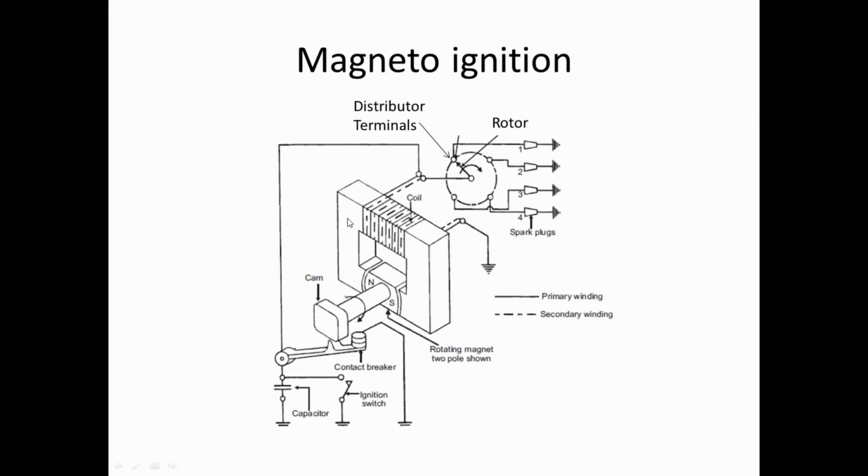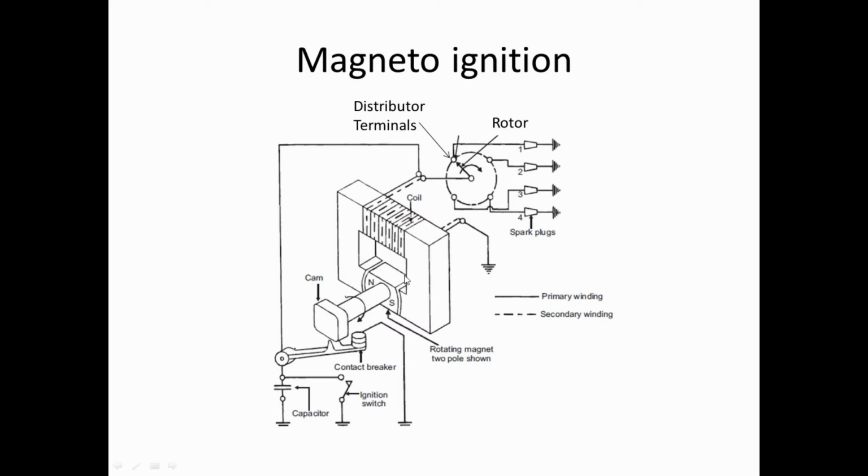I will pause for a little bit for you to read the diagram, but basically it has a cam that opens the breaker points, and this whole thing is connected in one big long setup through the distributor shaft into the rotor.